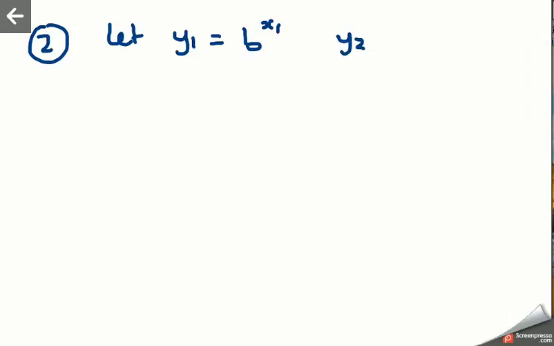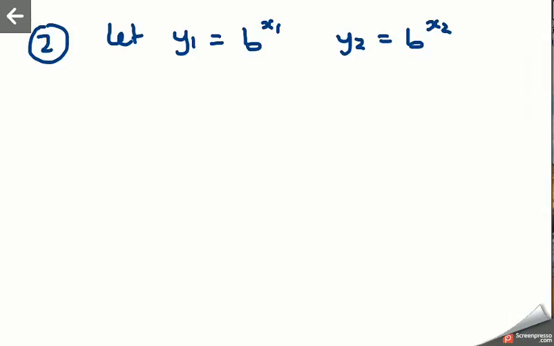All right, so rule number 2. I guess this is called the multiplication addition rule. I'm not quite sure what it's called, but you'll see what I'm going on about in a second. So given y1, let's let it equal b to the power of x1, and given y2, let's let that equal b to the power of x2, for our base b.